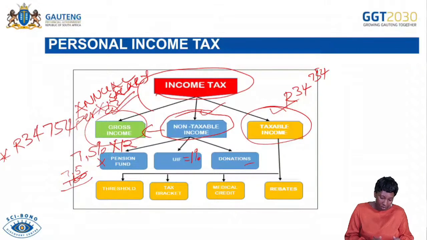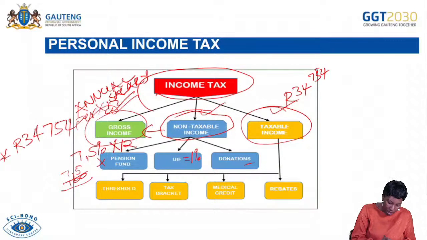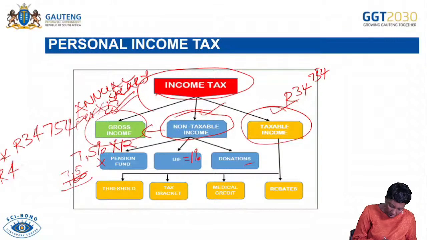And then if I multiply it by 12 now, I'll say quickly, maybe for example, 34,754, I multiply it by 12 annually, meaning I am earning how much per annum? It will be 417,048.